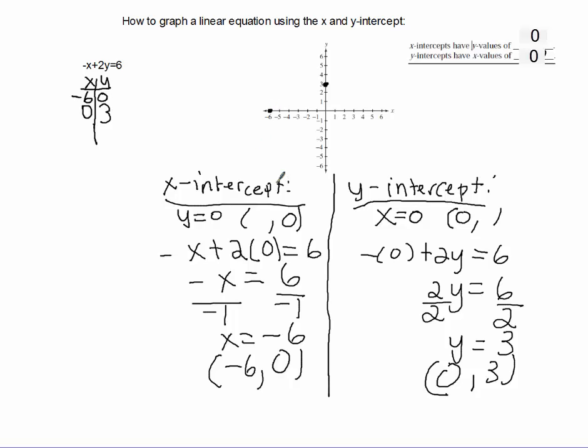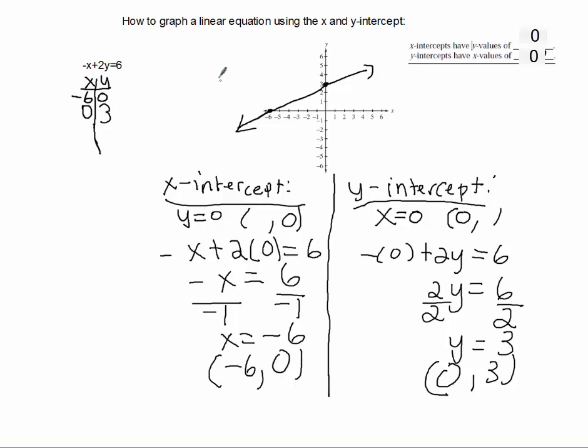Now, to play it safe, just like the other examples, you can do a third point to check that you have the correct points. But otherwise, we can see that our line is going to cross those intercepts, and there is our line.